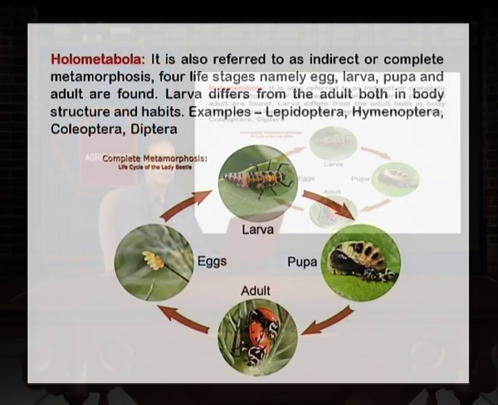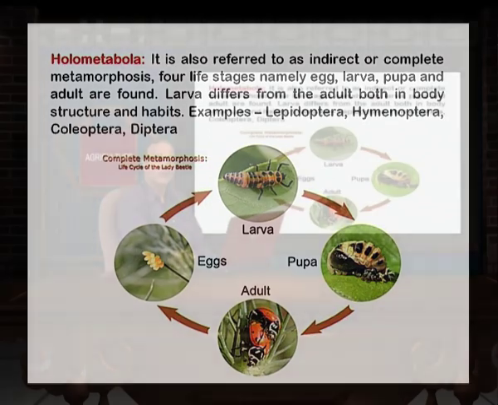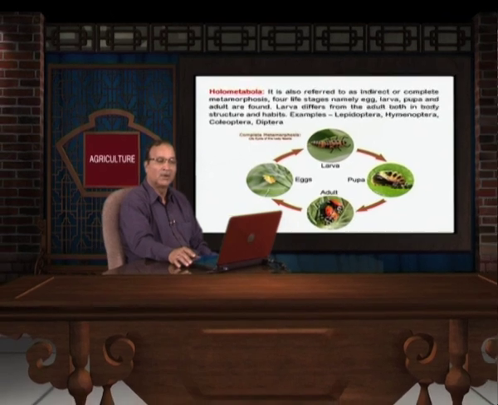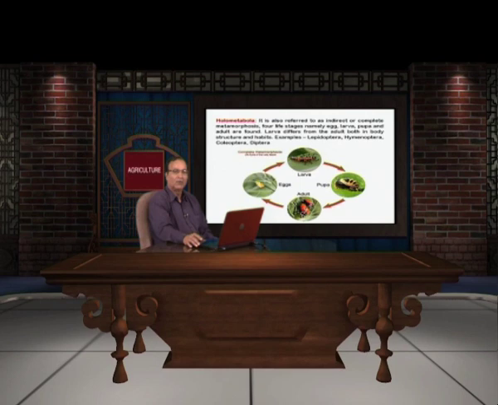The best examples are Lepidoptera, Hymenoptera, Coleoptera and Diptera; members of such orders undergo metamorphosis under the holometabolous type of development.